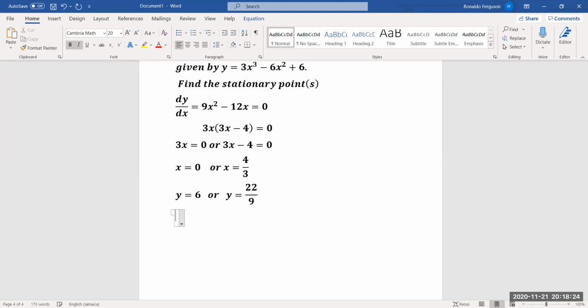So the stationary points are (0, 6) and (4 over 3, 22 over 9). 4 over 3 is the x coordinate, and the y coordinate is 22 over 9. So those are the stationary points.